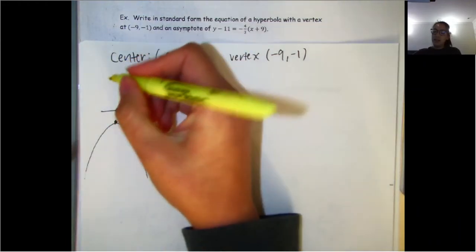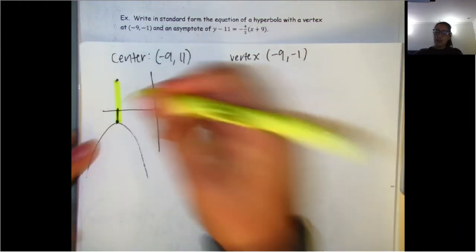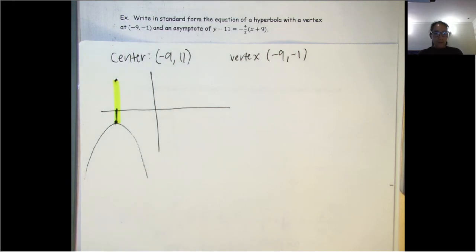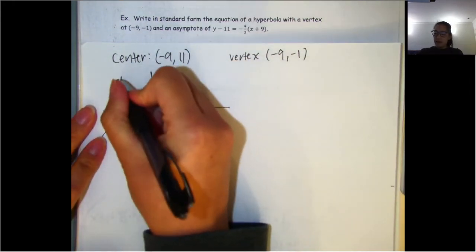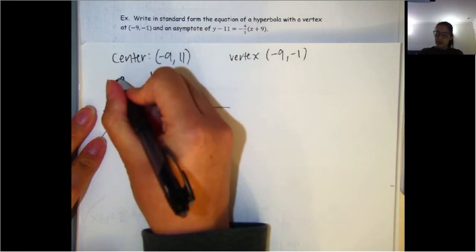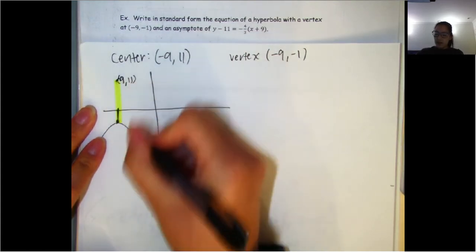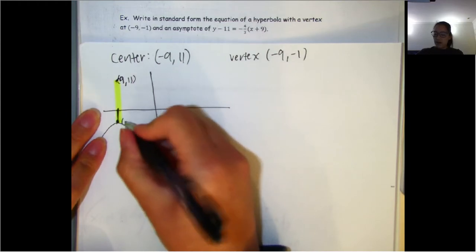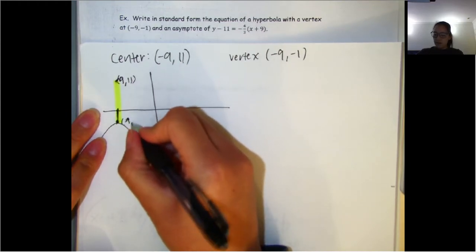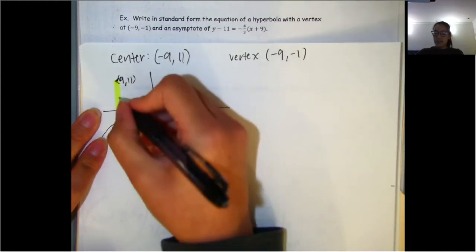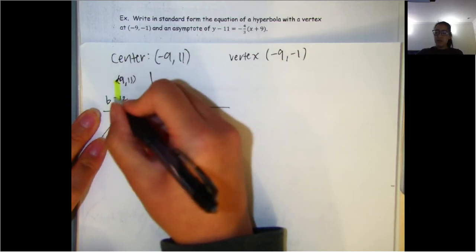And so the distance between the center and the vertex, that's going to be your b value because that's a vertical distance. And so from -9, 11 to -9, -1, that distance is 12. So you know that b equals 12.